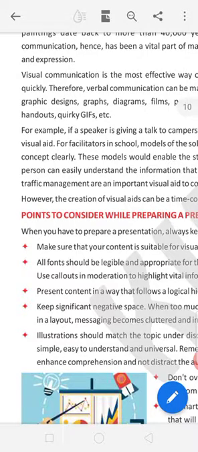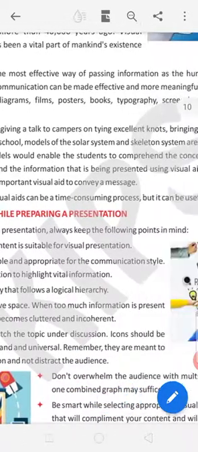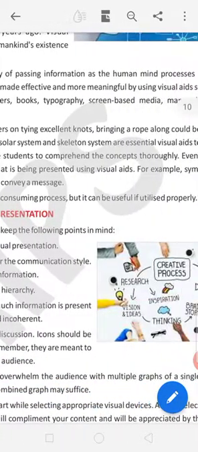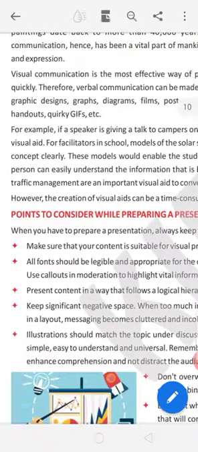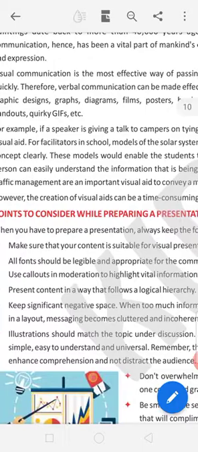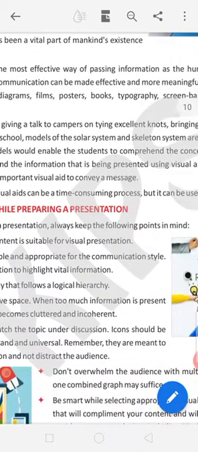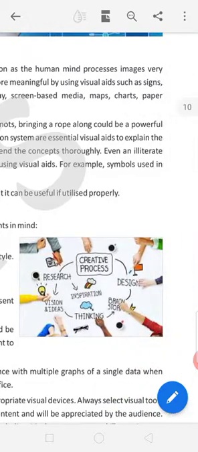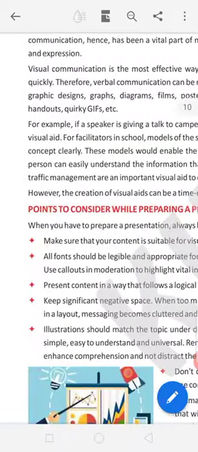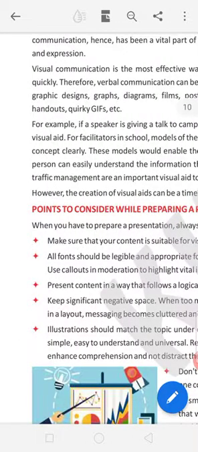Therefore, verbal communication can be made effective and more meaningful by using visual aids such as signs, graphics, design, graphs, diagrams, films, posters, books, typography, screen based media, maps, charts, paper, handouts, etc.